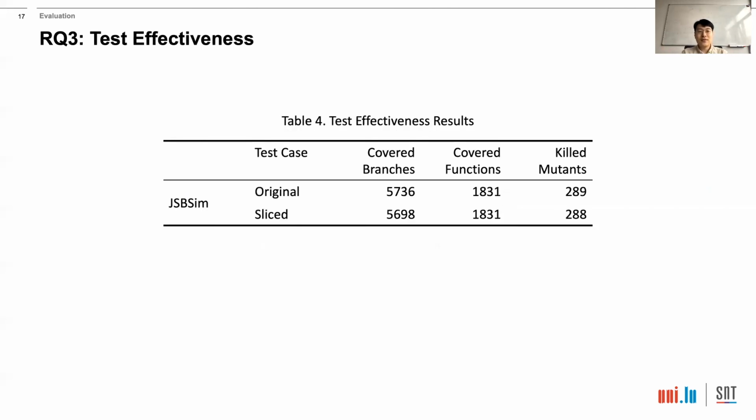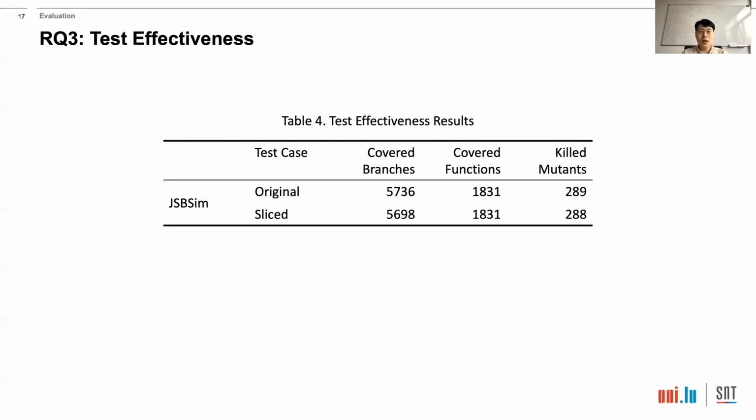For test effectiveness, we measured coverage in terms of branch, function, and mutants. So basically, we count how many branches are covered, how many functions are covered, and how many mutants are killed.